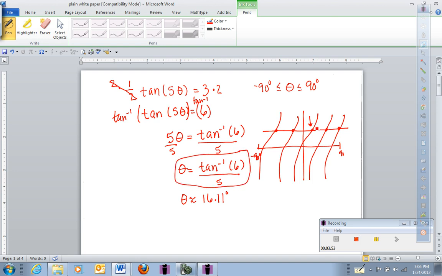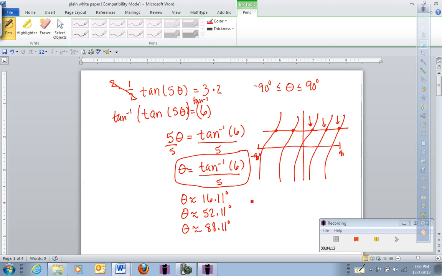Now we know that we had another solution over here, and if we traced it, I believe the next solution past this one was 52.11 degrees. And that was this one right here. And then you had another one out here in the positives that fit on that window too, and it was 88.11 degrees.